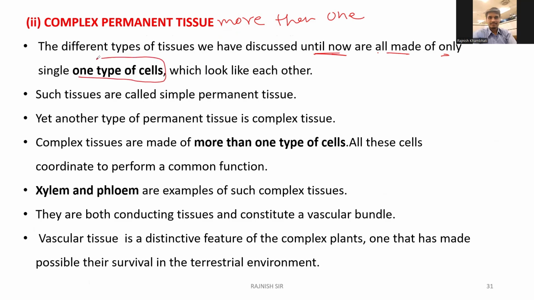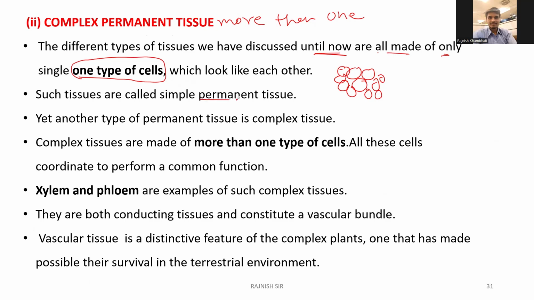Like we discussed parenchyma, sclerenchyma, and collenchyma, where all the cells in the tissue are the same. If I just draw, this is parenchyma, where all the cells look round, oval. So all are the same, so they are called one type of cells, simple tissue.